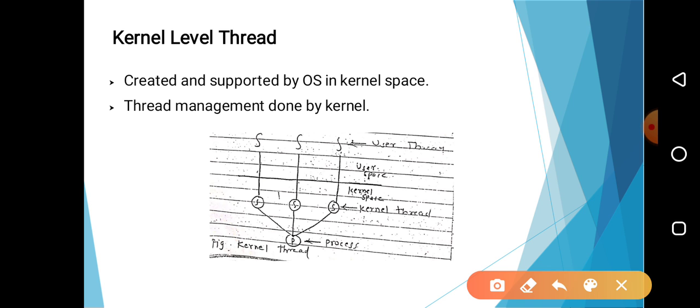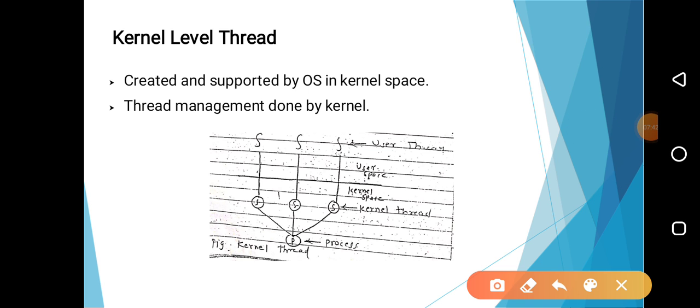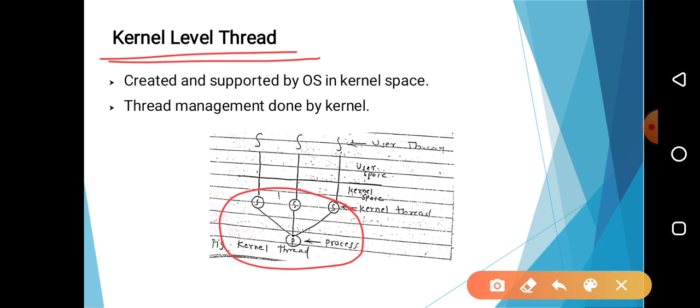Now we will see what we mean by kernel level thread. A kernel level thread is a thread which is created by the kernel. The thread created at user space is called a user level thread, and if the threads are created at the kernel level, it is called a kernel level thread.